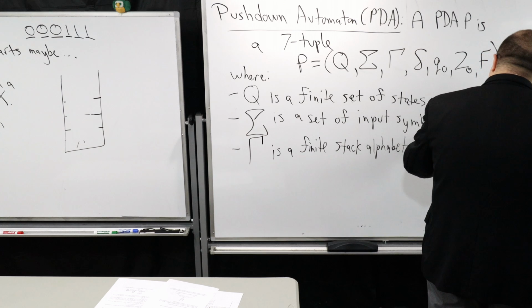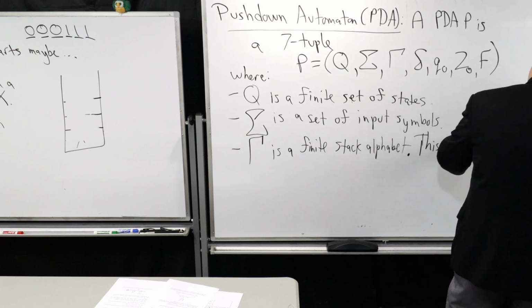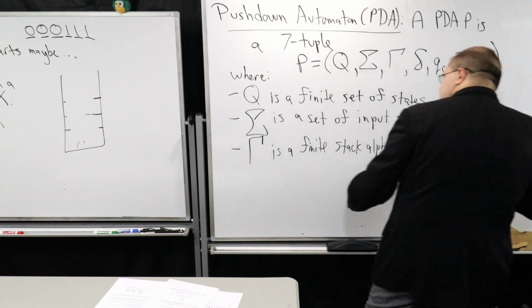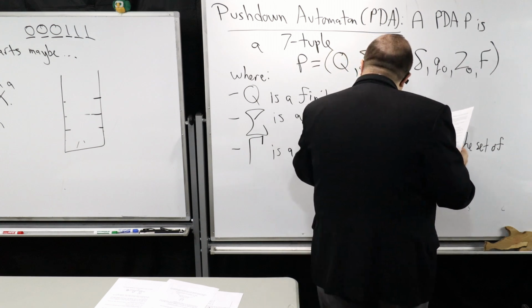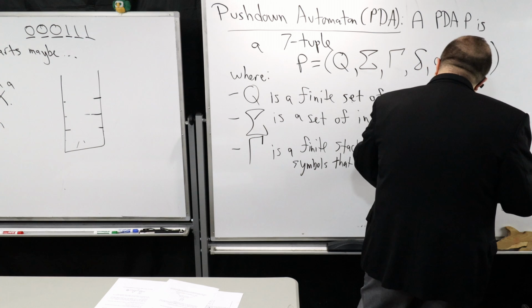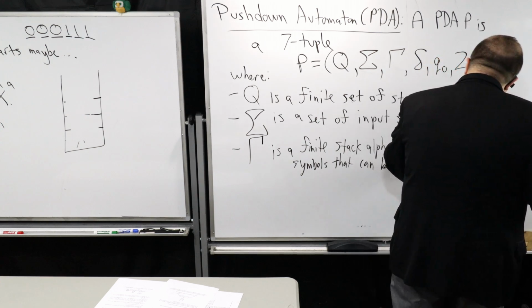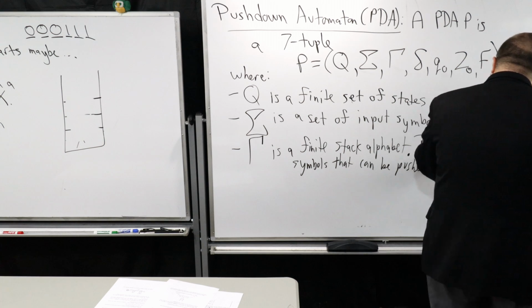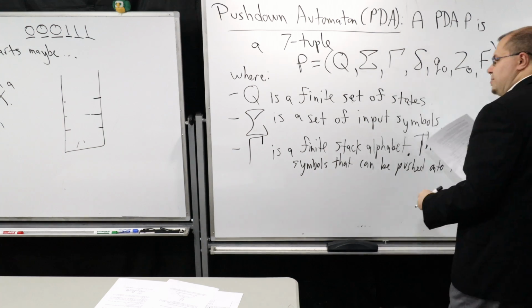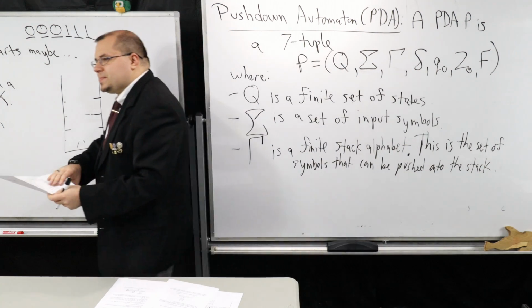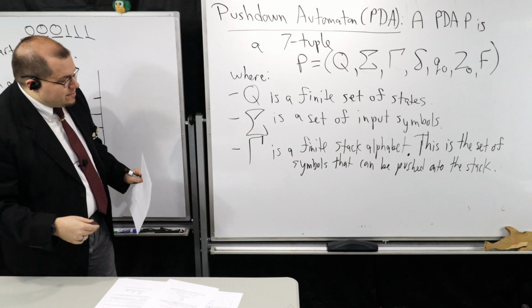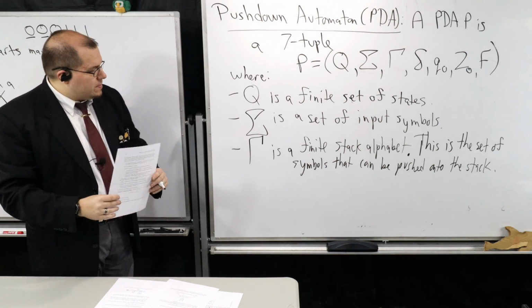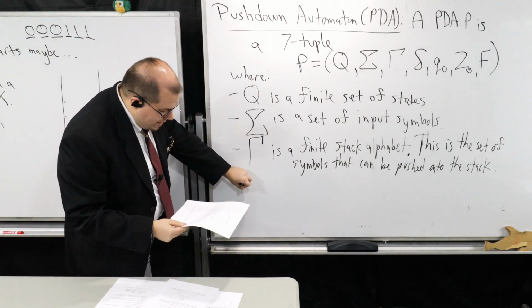So I say this is the set of symbols that can be pushed onto the stack. So these are the symbols that we're going to use to manipulate the stack. So just like in my example I had before, I had the symbol X. This would be, for example, an example of a stack symbol. So that's what gamma is.